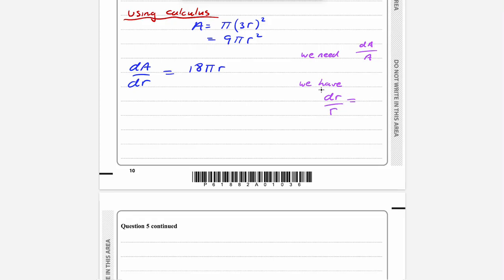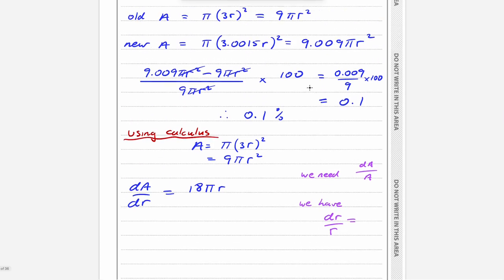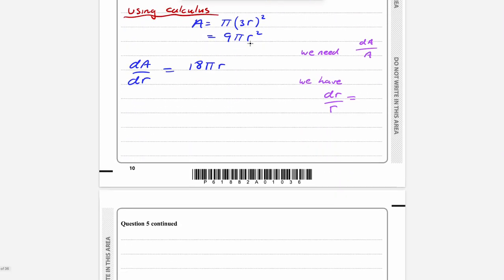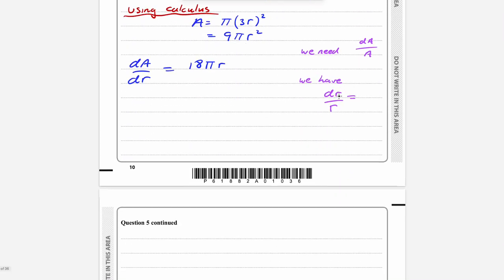Now it's not radius, sorry, it's the value of r. So r increases by 0.05%, which means that the change in r over r has to equal 0.0005.